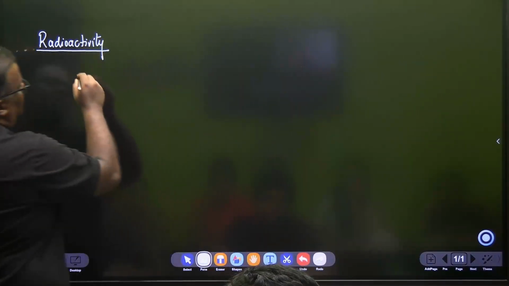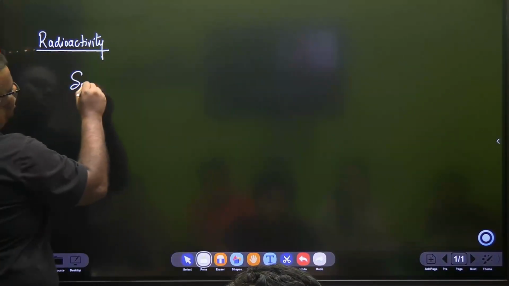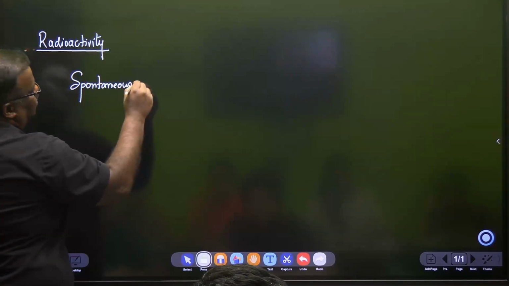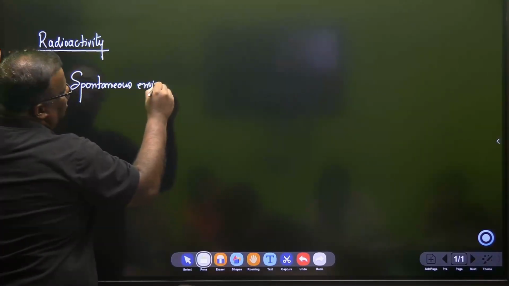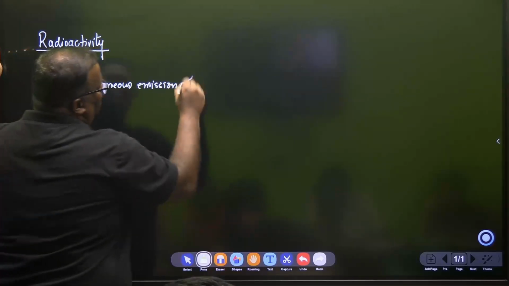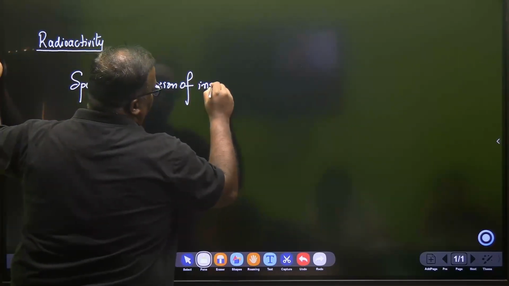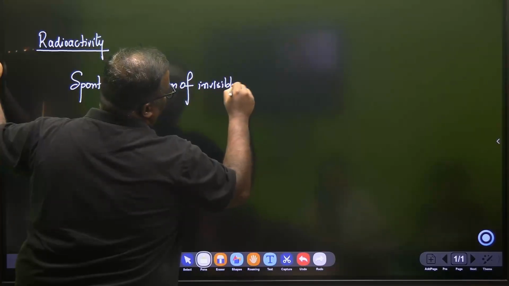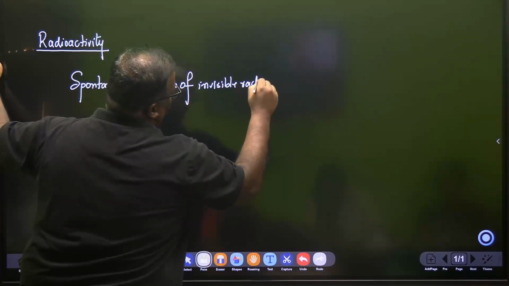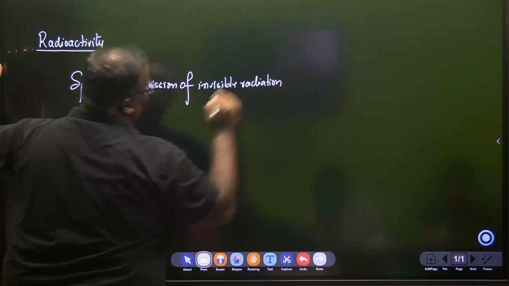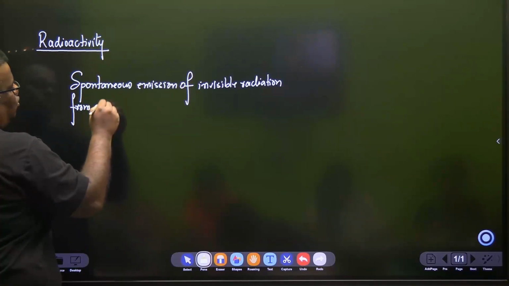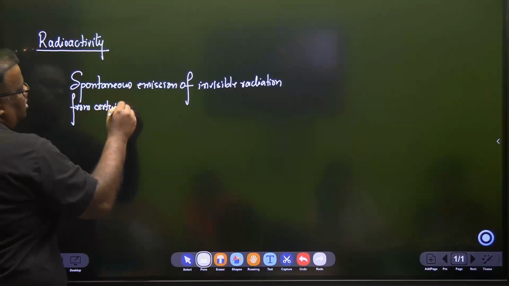for us to understand is a spontaneous emission of invisible radiation, from certain atoms, not all, certain atoms.